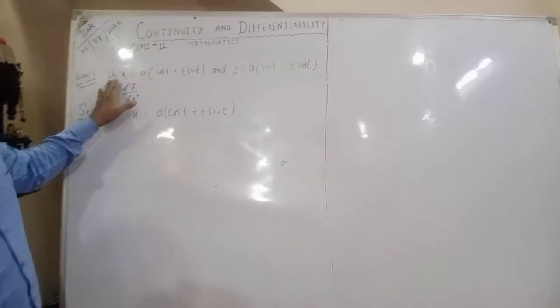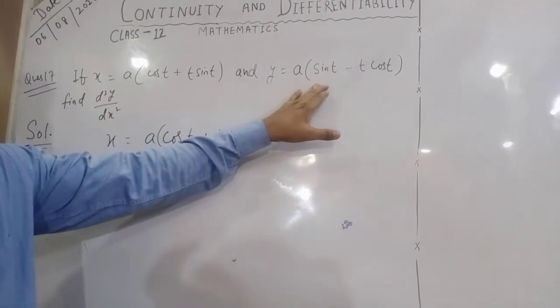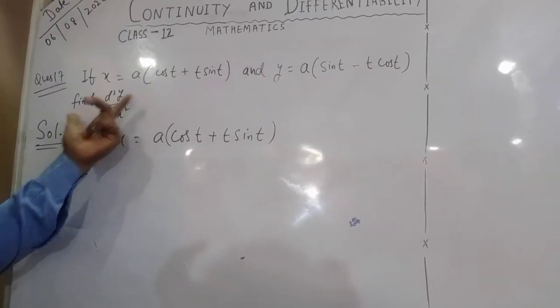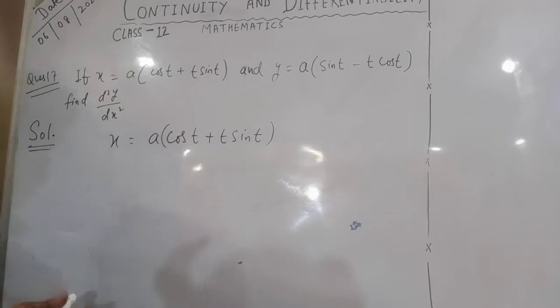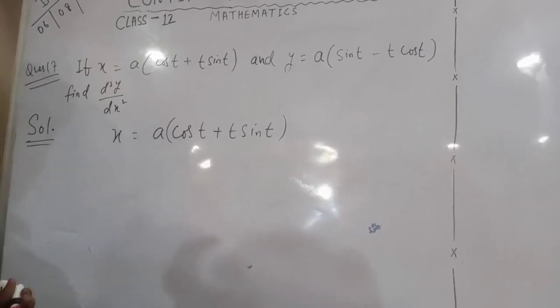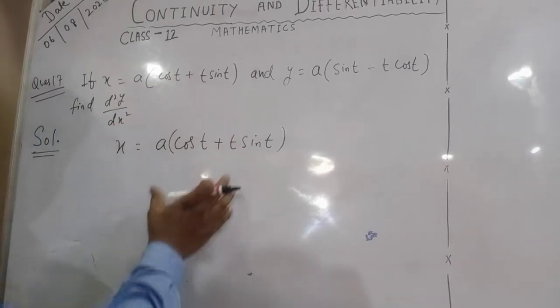So here x is given to us and y is given to us. Fine. And we have to calculate the double derivative. So now I am solving this. So here this x I have taken. Fine, this is given to us.